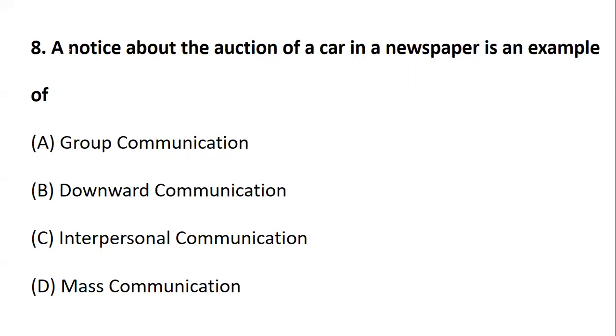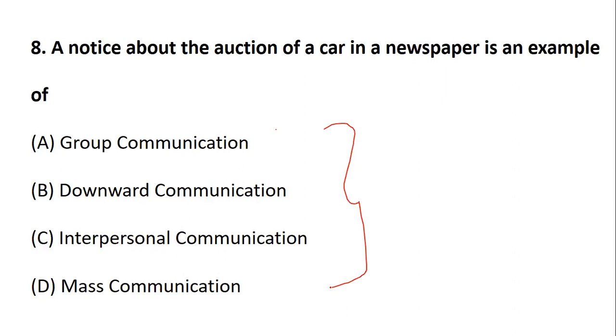Now, question number 8, a notice about the auction of a car in a newspaper. Now, see, as I told you, this is again the second type of question, for the types of communication. These questions are very common, the example questions. So, a notice about the auction of a car is what? A group communication, a downward communication, an interpersonal communication, or a mass communication. You have given an ad in the newspaper.